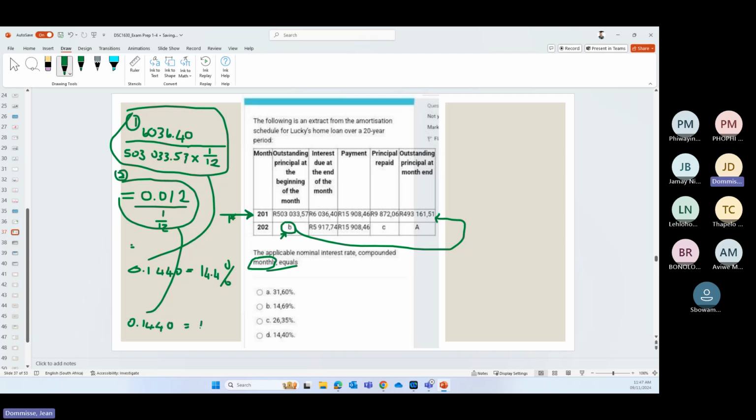And if I do that with a percentage, I get 14.4%. So again, please use your calculator how you like to use it.